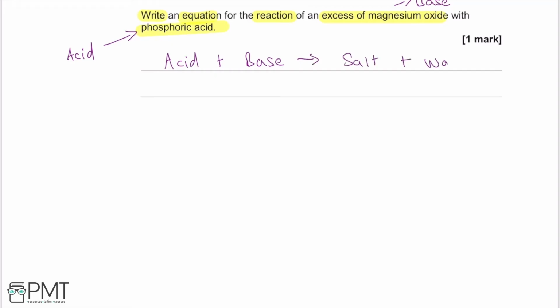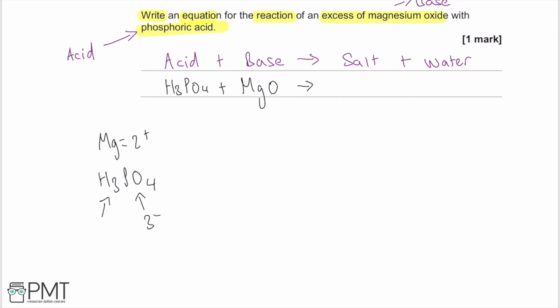Magnesium is the metal in this reaction, and will therefore be in the name of the salt. And as the acid is phosphoric, we will get a phosphate produced. Mg forms 2+ ions, and from H3PO4 we can decipher that the PO4 ion is in fact a 3- ion due to needing 3 1+ hydrogen ions to balance this out.